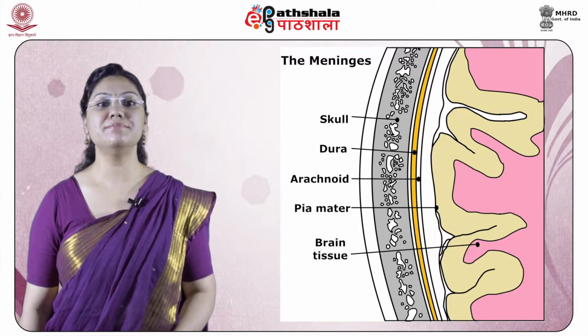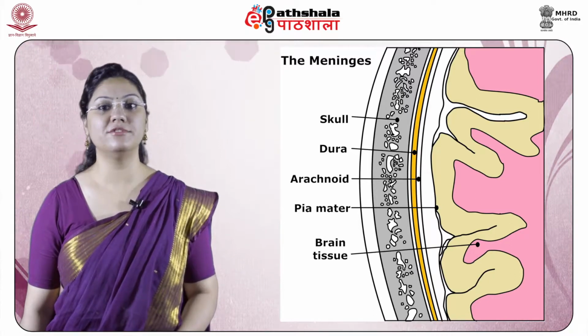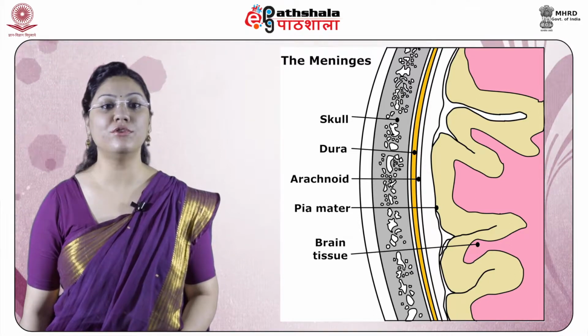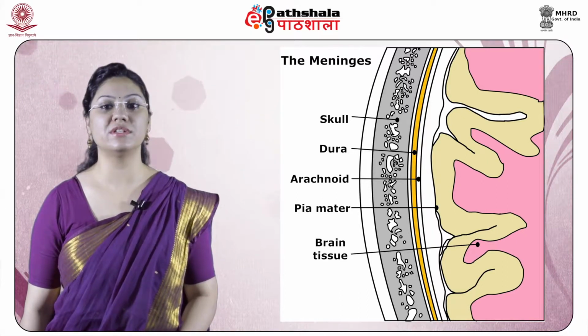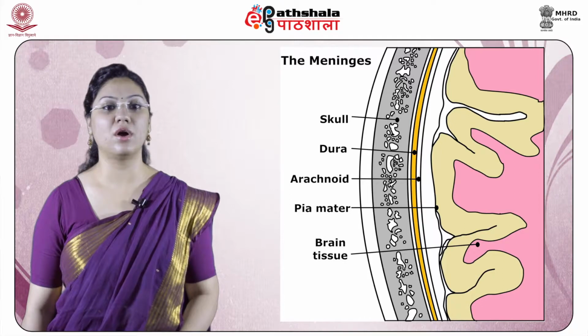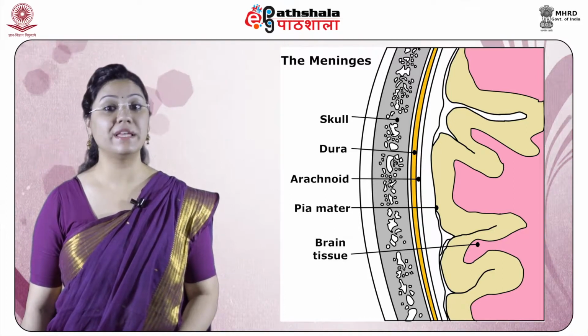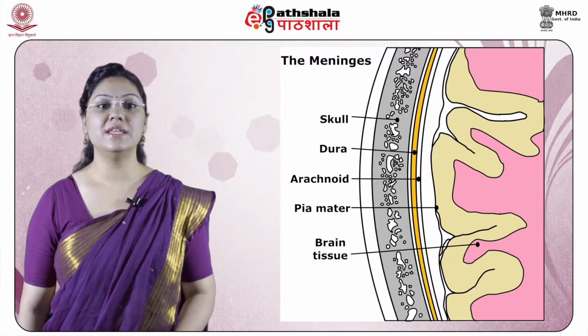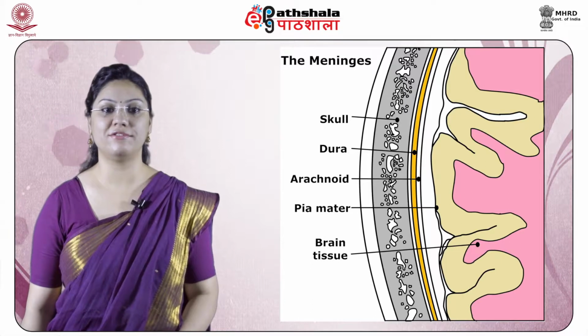Since this membrane does not closely adhere to the brain surface, it does not follow the sulci and gyri. Some hollow spaces are formed and these are called subarachnoid spaces. These spaces are filled with cerebrospinal fluid, also known as CSF.